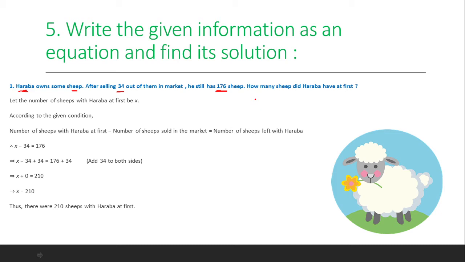Already we know, children, when we don't know the exact number, we should assume it with a variable. So let the number of sheep with Harba at the first be X. Then what is the given condition? Number of sheep at first minus number of sheep sold in the market equals the number of sheep left behind with Harba.